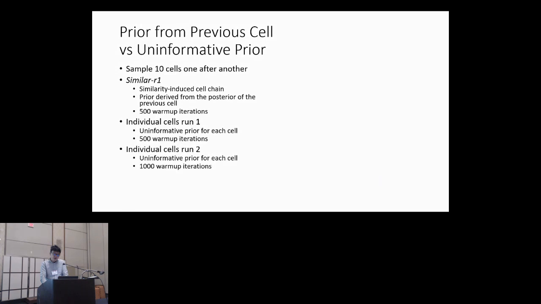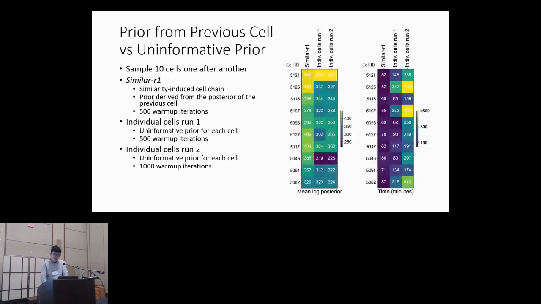The other two settings both use the same uninformed prior for each cell, and the number of warm-up iterations was set to 500 and 1,000 respectively. Okay, so here we can see that in general, similar R1 has better posterior likelihood and needs shorter time to finish sampling. So we conclude that our strategy improves both posterior likelihood and sampling efficiency.